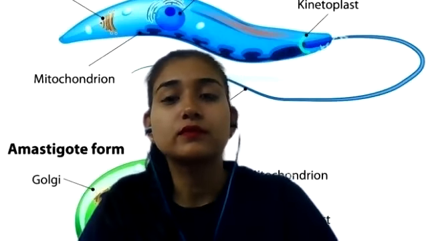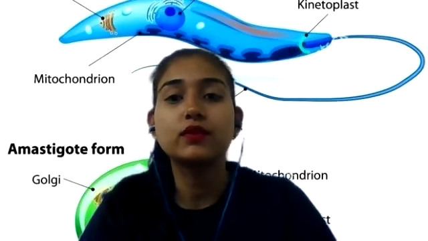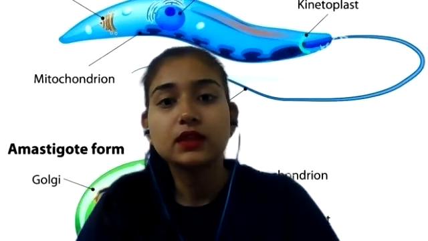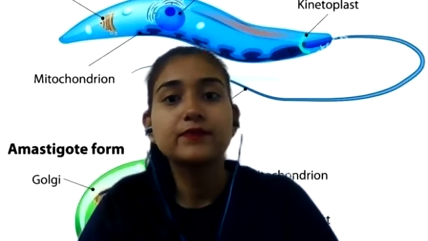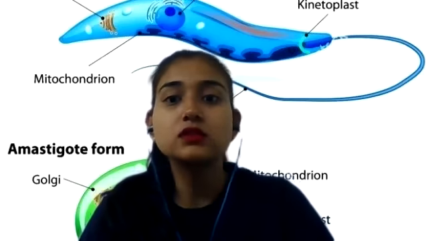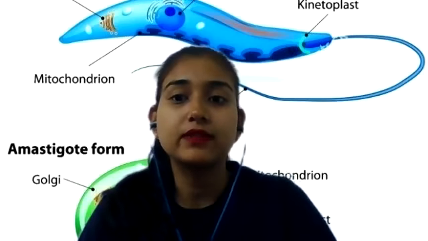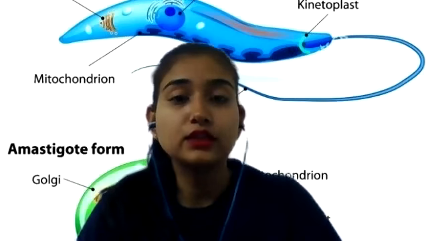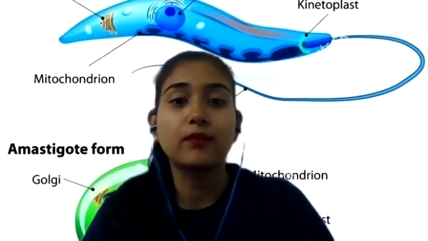These two forms are recognized on the basis of the position of the kinetoplast and the origin of the flagellum, which is vital in identification of the Leishmania form.